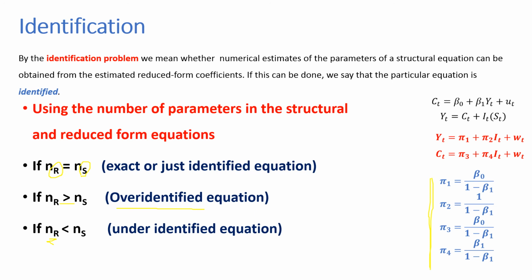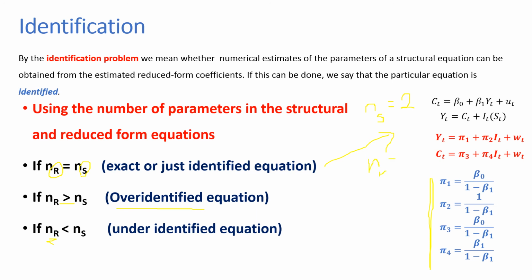So let us apply this rule to this example. In this case, how many structural parameters do we have? We have n_s, the number of structural parameters, equal to 2: only beta naught and beta 1. And how many reduced parameters do we have?